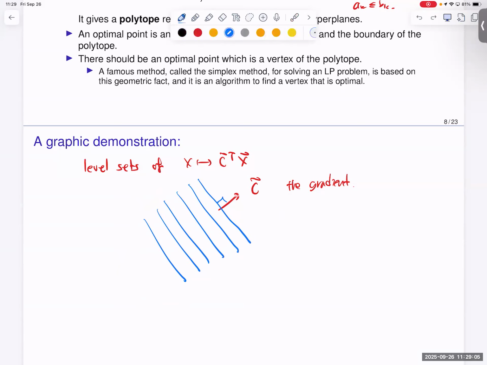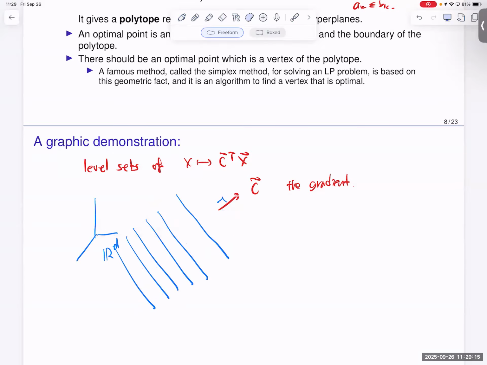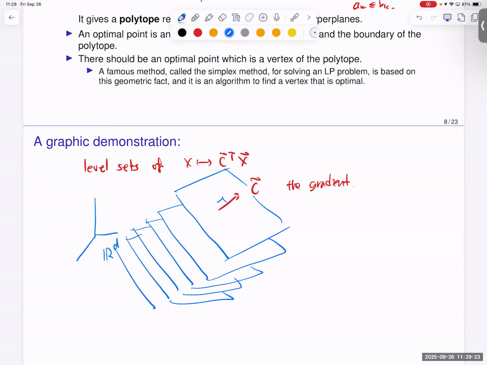you have, let me just try to draw something like this, R^d. Okay, it's not like 3D. Then you have instead some kind of plane like this. So do you understand my illustration? Am I making sense?